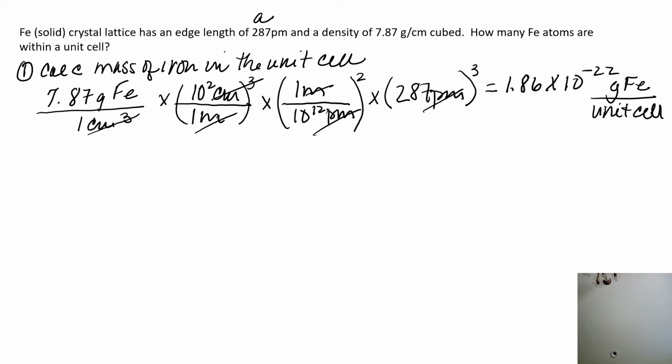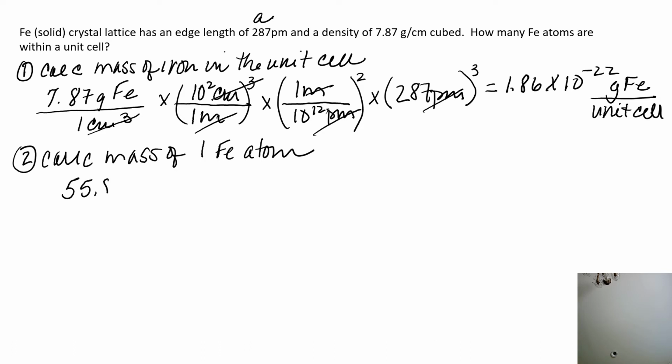So, second calculation, I calculate the mass of 1 Fe atom. In order to do that, I need the molar mass of iron and I need Avogadro's number.